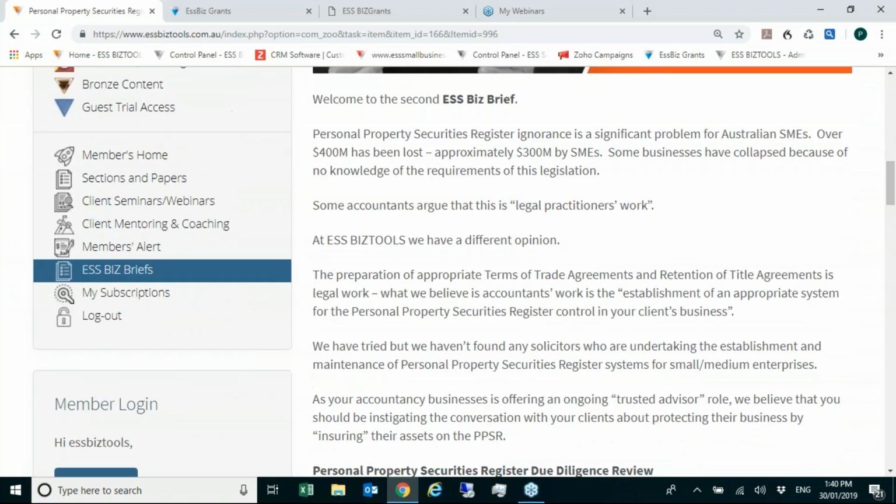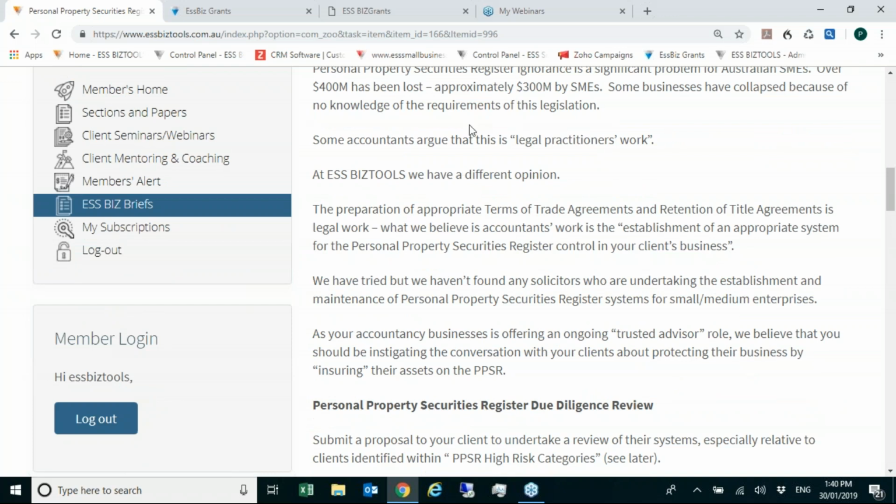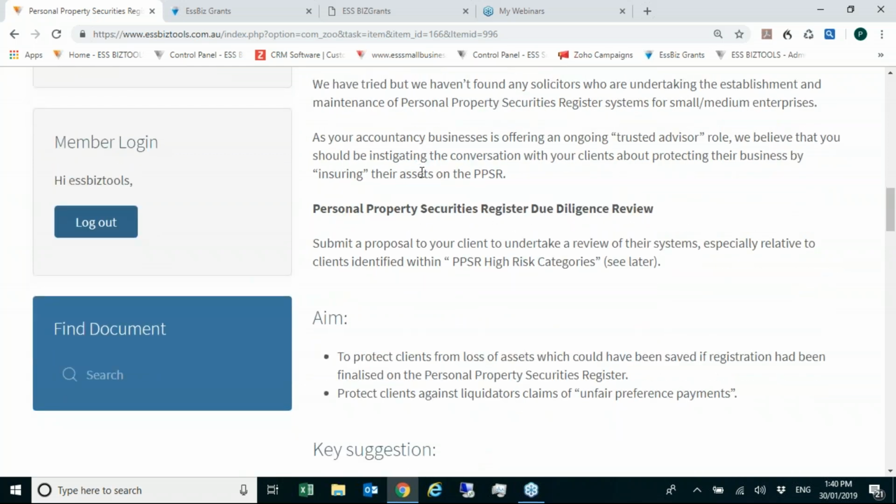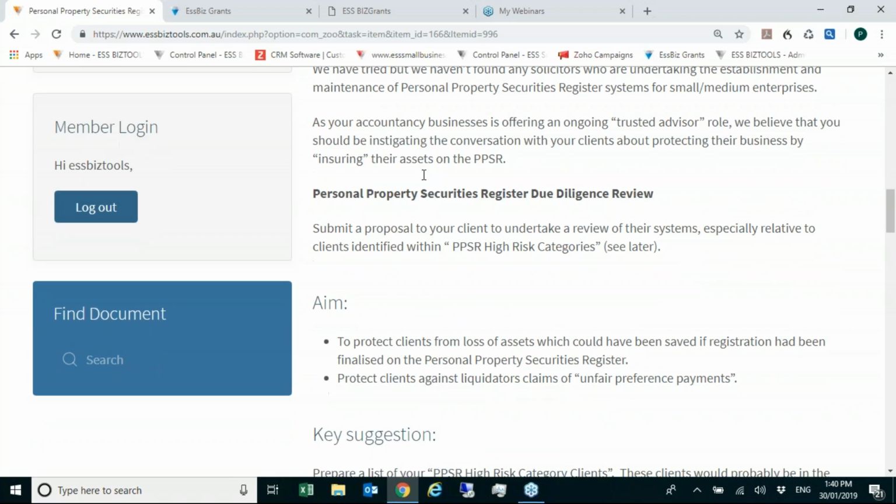There is a short video. And then it's a brief overview of what, in this case, the Personal Property Securities Register is all about. It's talking about the losses. Some people claim it's lawyers' work, but lawyers tell you it's not their work. Or they'll do the agreements. They've got to do the agreements, but there's a lot more to this than just agreements.